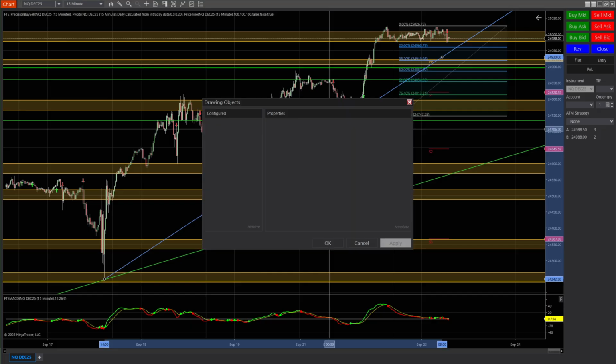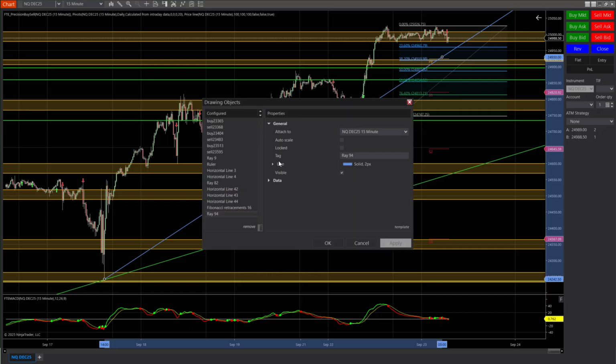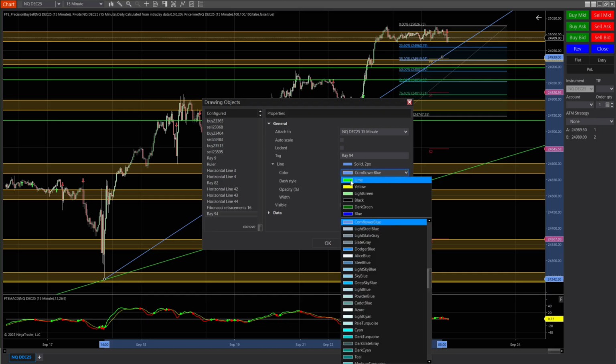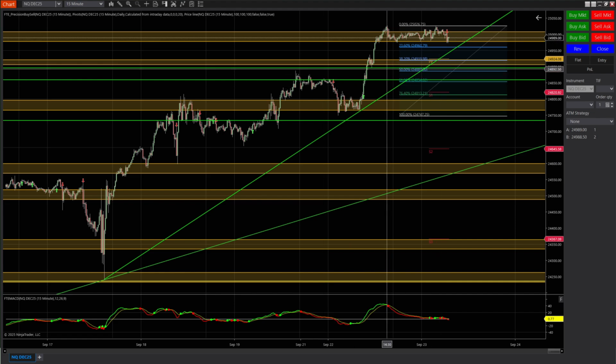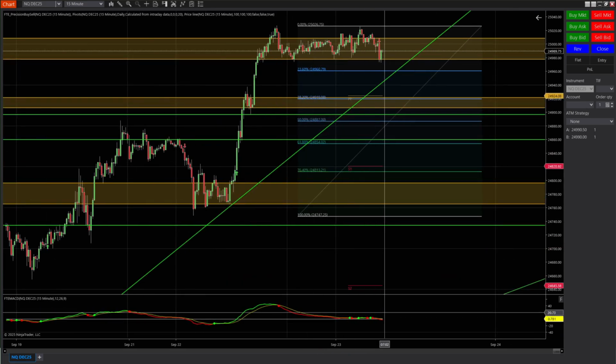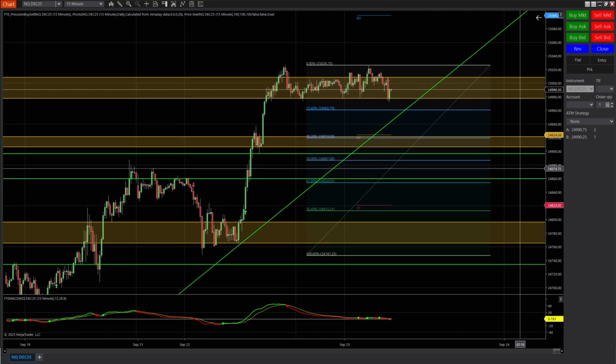Okay, we're going to change that to green. And see this, we're on the 15-minute chart, but this line is the exact same as it would be on the 1 hour right now. So it's a 1 hour trend line. And then let's widen this up. See what we're looking at here.